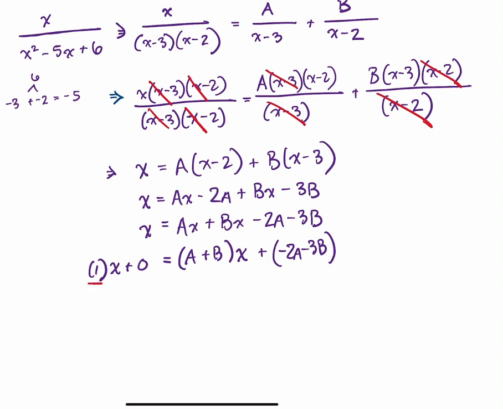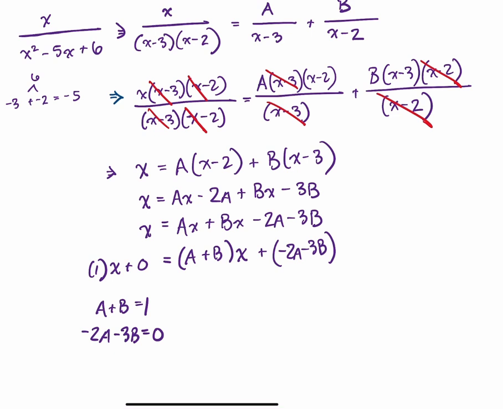If this is 1x, then a plus b in front of that x should equal positive 1. And it's being added to 0, so that means all of this, the minus 2a minus 3b, should ultimately cancel out and just become 0, because we're saying that this should all reduce to the left side. So minus 2a minus 3b will be equal to 0.